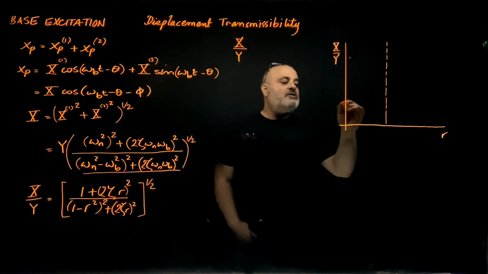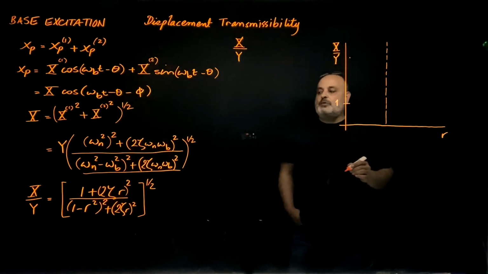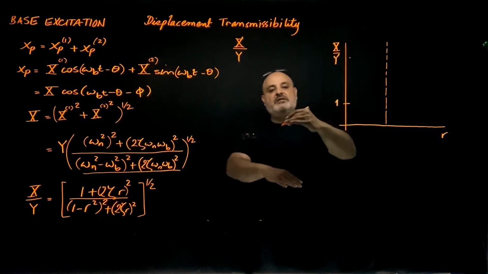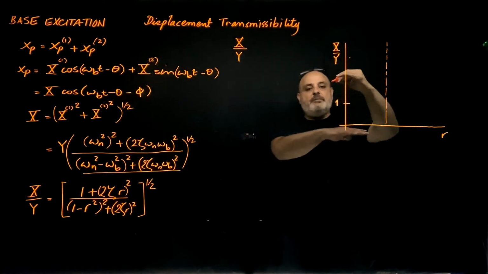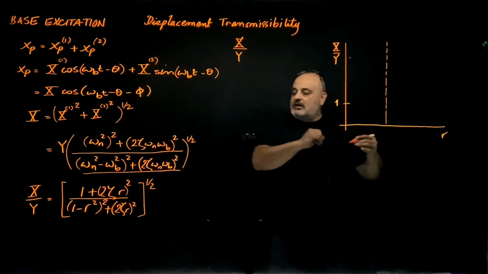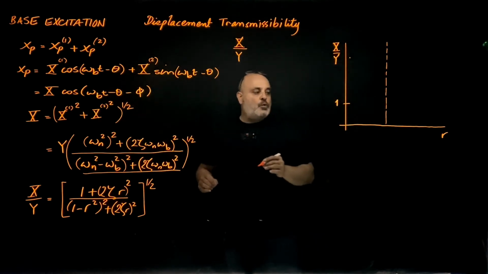So at low base frequency, it's expected that the mass will follow the base motion. They will move together because it's a slow motion. They will go up and down together, and the ratio is 1 to 1.